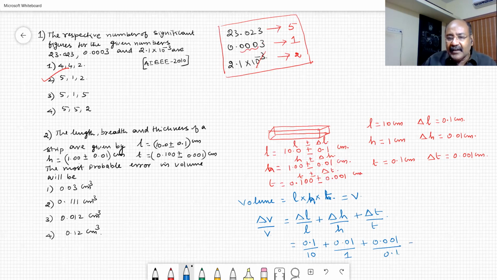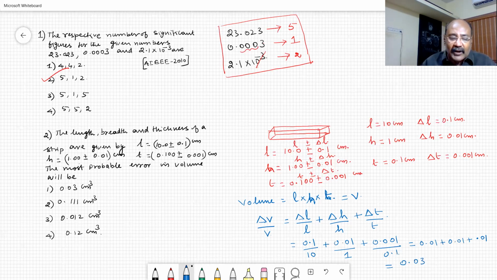On simplifying, 0.1 divided by 10 is 0.01, plus 0.01 by 1 gives 0.01, plus 0.001 by 0.1: multiply the numerator and denominator by 10 and you get 0.01 by 1, so again 0.01. When you add all these three, the answer is 0.03.